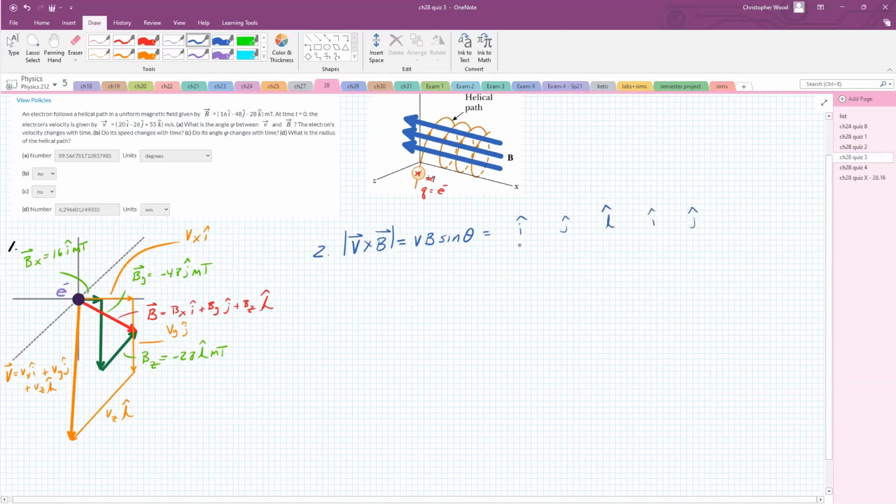And because it's V cross B, Vx has to come first. If it was B cross V, I'd flip it. But because it's V cross B, it's order dependent. Vx, Vy, Vz, Vx, Vy. And again, because it's V cross B, not B cross V, then comes Bx, By, Bz, and then you just repeat it, Bx, By.